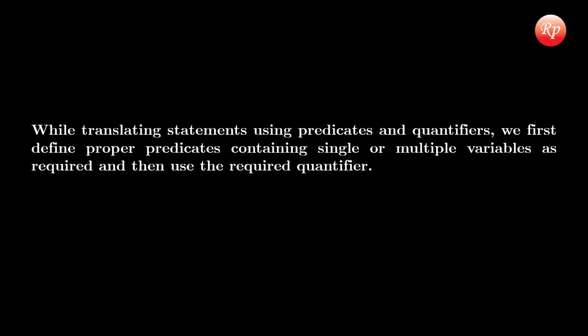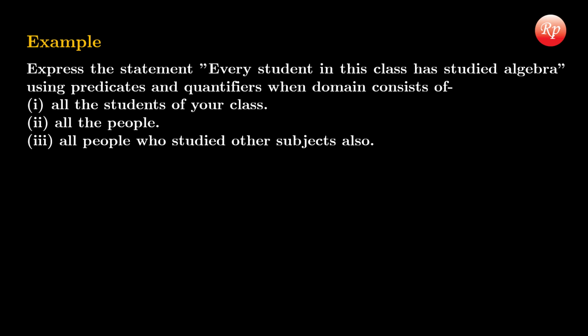So to define the predicate and the number of variables, it will depend on the given problem, whether we should use a single variable or multiple variables. It will be dependent on the requirement. So we shall discuss the procedure through some examples. Look at the example.